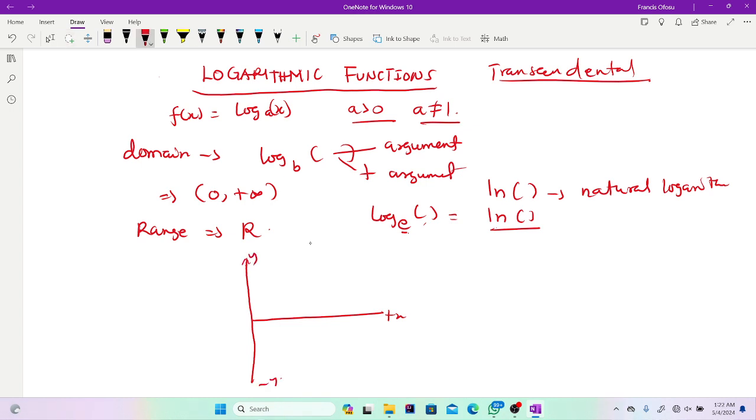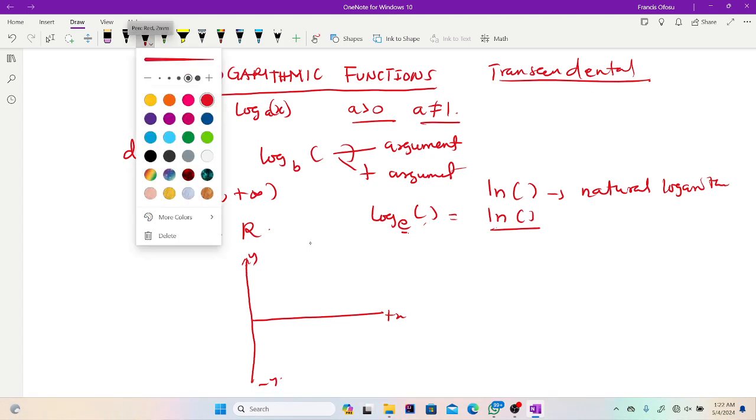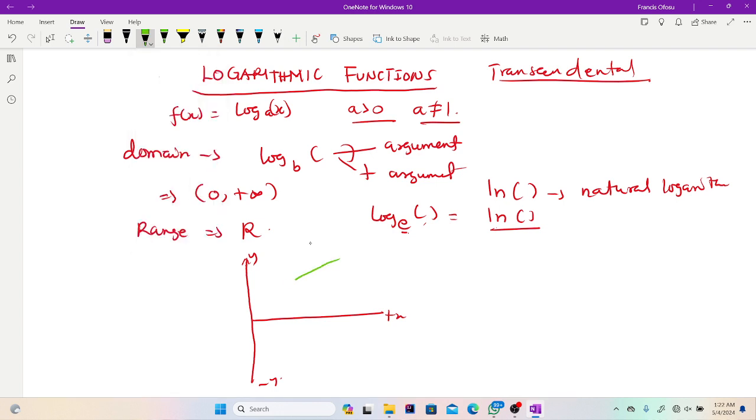For that reason, I can have something coming in this way, and I can have something like this way. So it can start from positive infinity and approach negative infinity, and it can also start from negative infinity and approach positive infinity in that manner. So that is simply what a logarithmic function looks like.